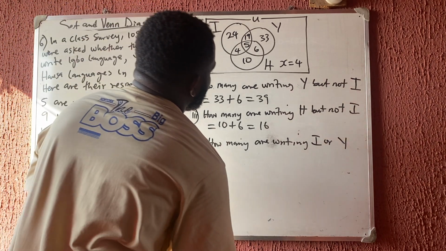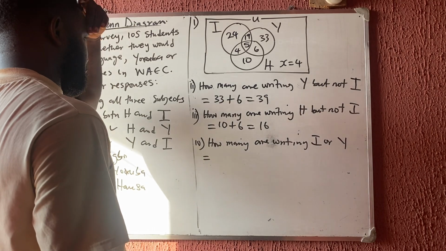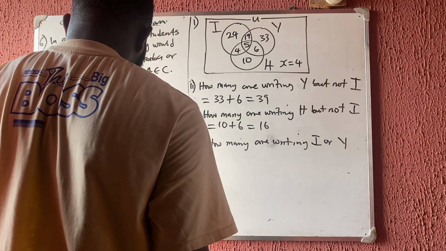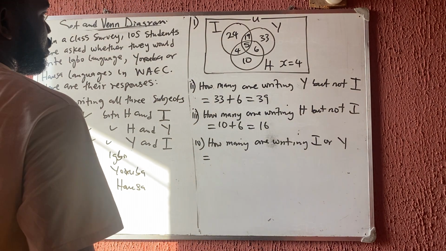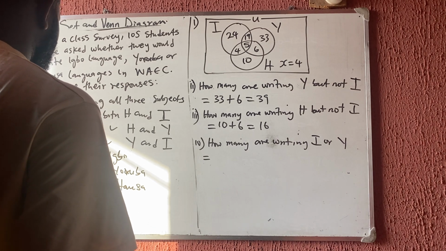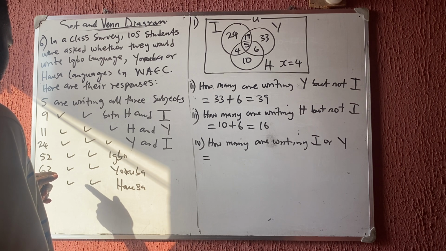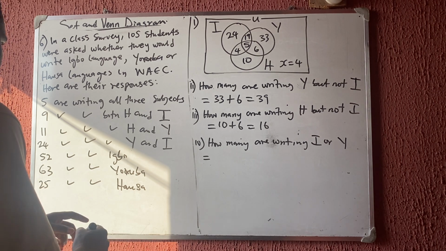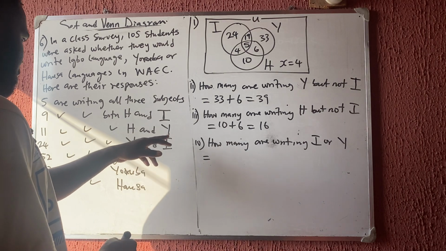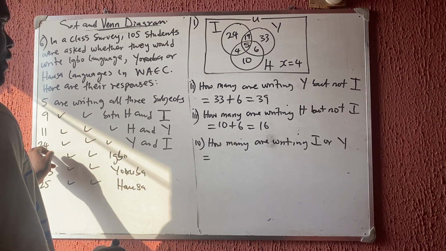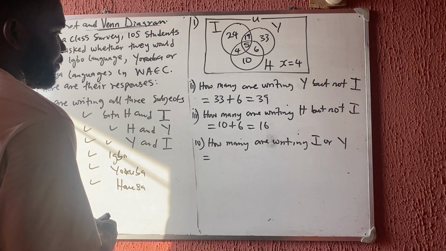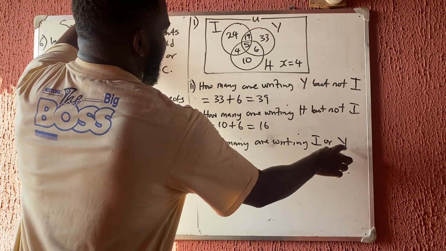The people that are writing Igbo or Yoruba, watch. Igbo or Yoruba will now be this one they gave me here. Where is Igbo and Yoruba? It's going to be 24, but let us get it from the Venn diagram. How many are writing Igbo or Yoruba?